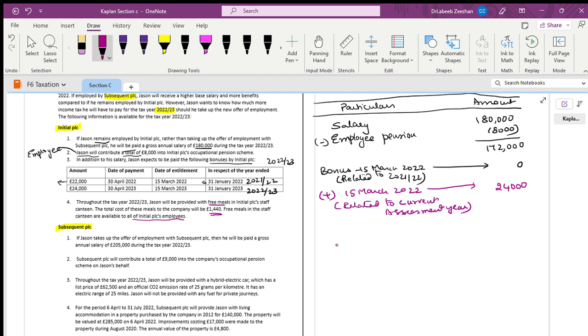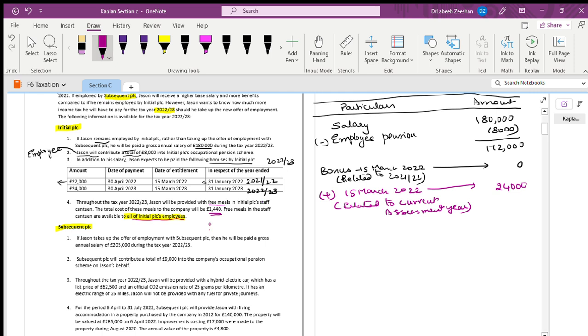If anything is offered to all employees, that is not taxable. Understand? That is what we have to mention. This is for all initial PLC employees. It is exempt, not taxable. Why would it be taxable? If it is given specifically to one employee, then it is taxable. But it is given to everyone. Everyone is entitled to this policy, and there is a limit.